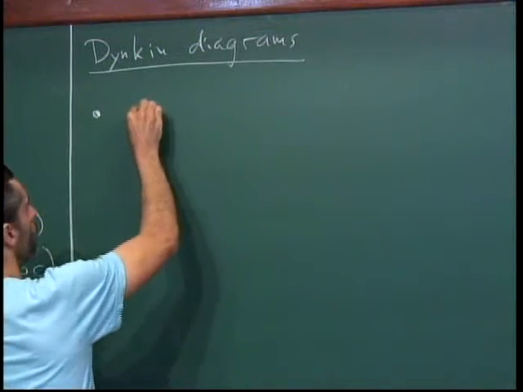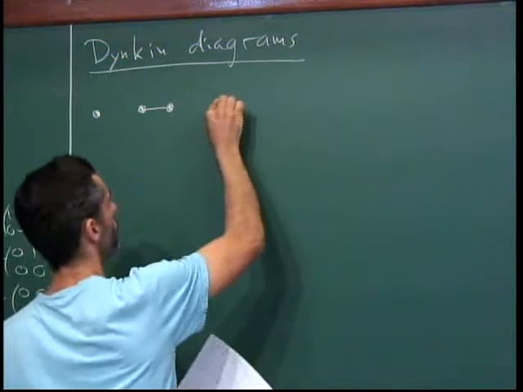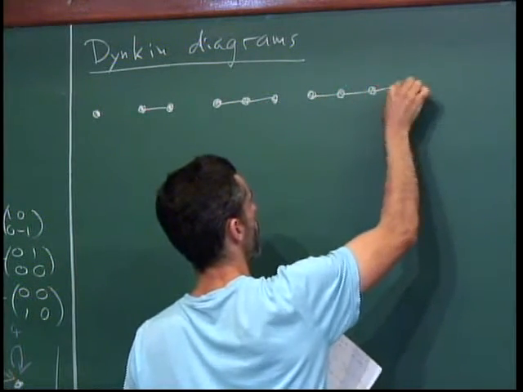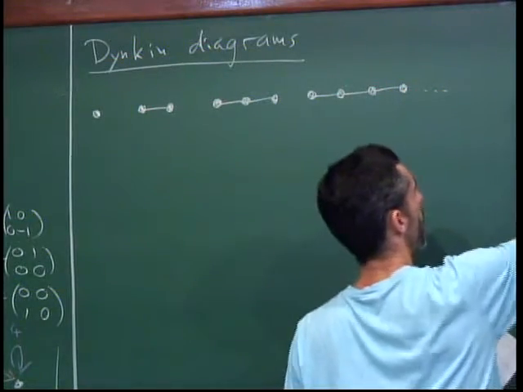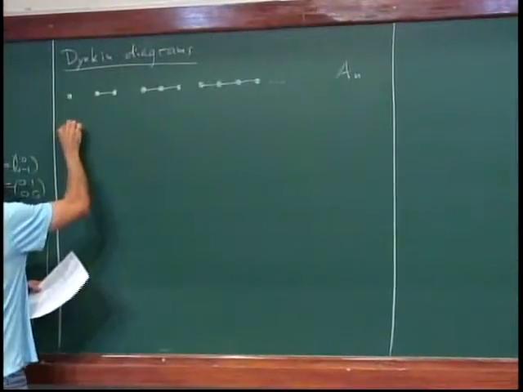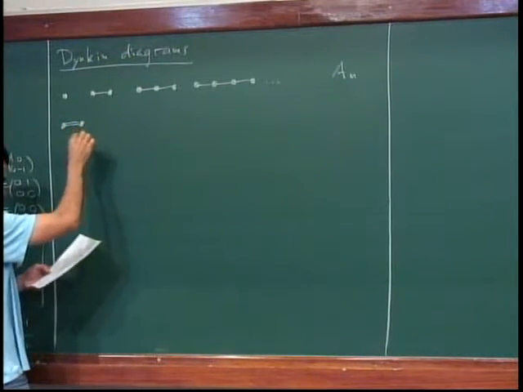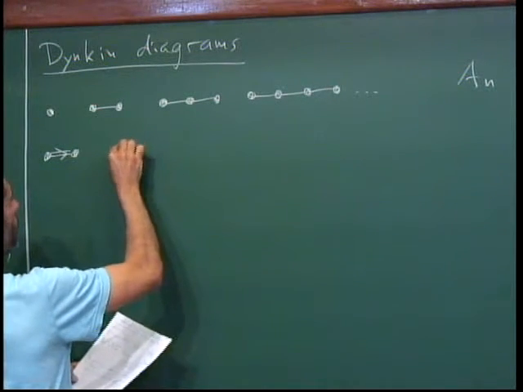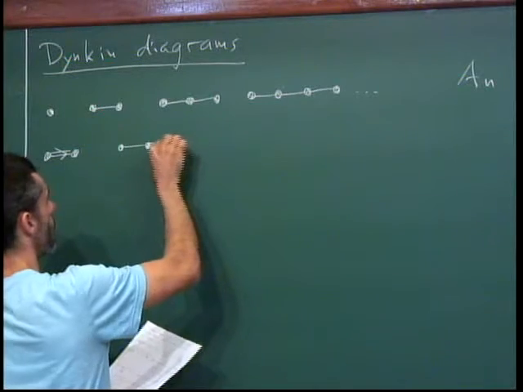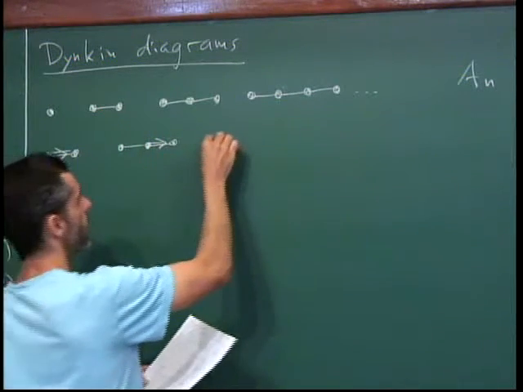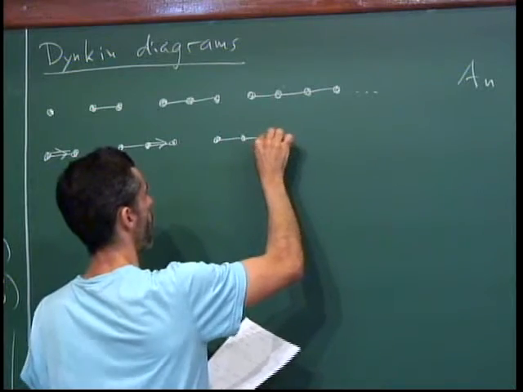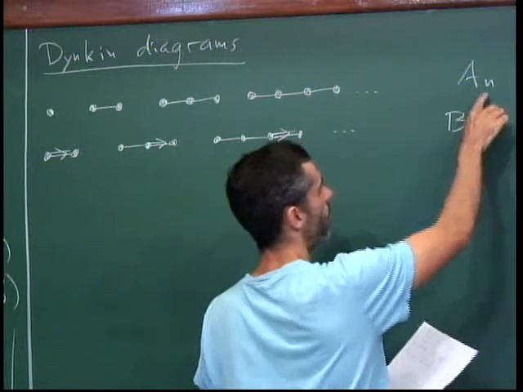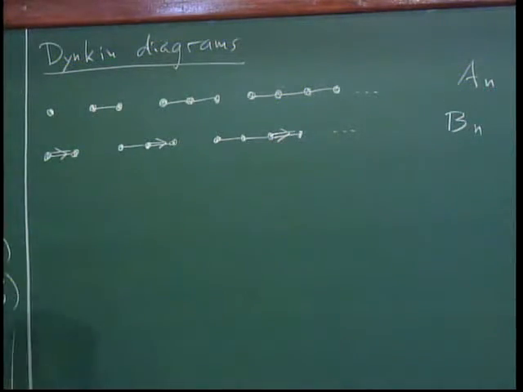Either 1 point, or 2 points connected, or 3 points connected, or 4 points connected. These are called type An. Or 2 points connected by a double connection with an arrow, and then we can have the same thing with an extra simple connection here, like that. These are called type Bn. The n here is the number of nodes that I have there.